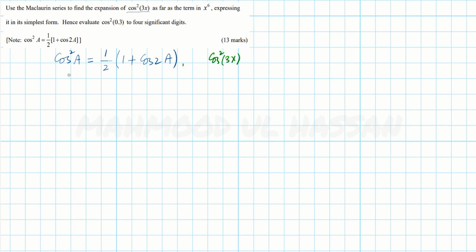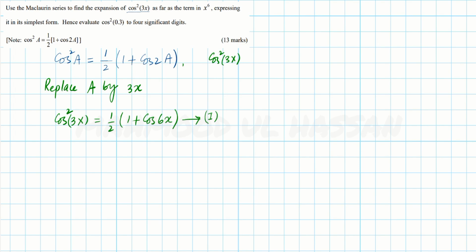So if we replace a by 3x in this identity, the above identity would become cos square 3x is equal to 1 upon 2 into 1 plus cos, here 2a means 2 multiply 3x, so that would become 6x, right? So let's say this is what we call equation number 1.